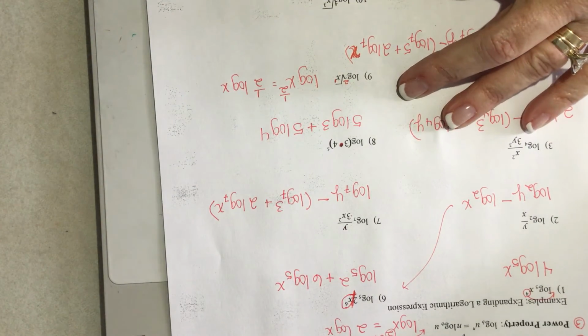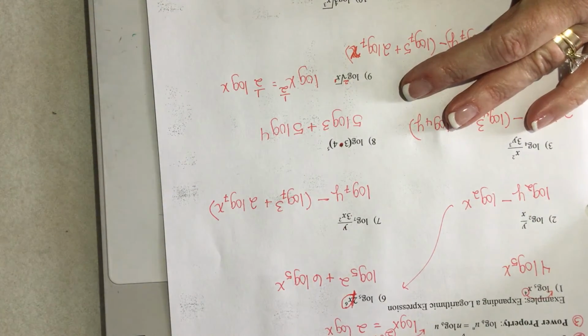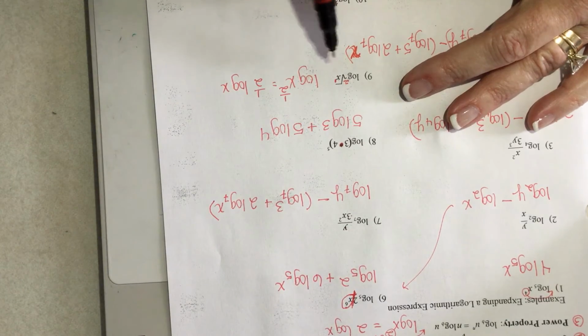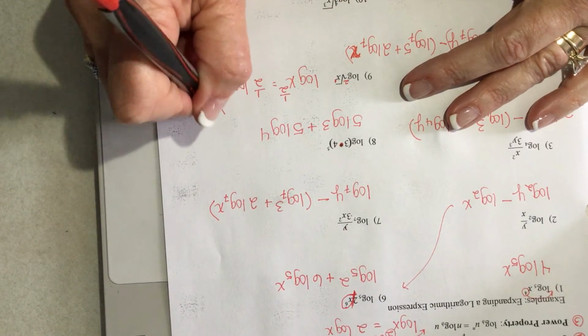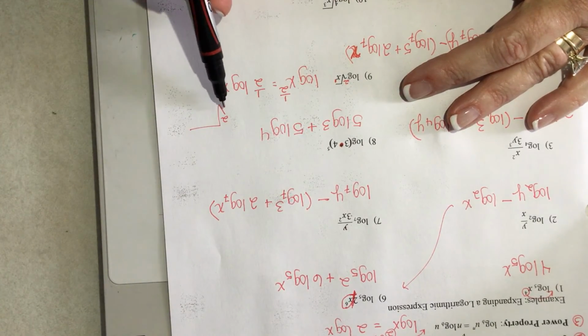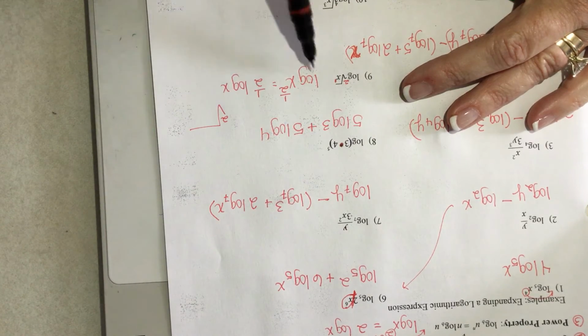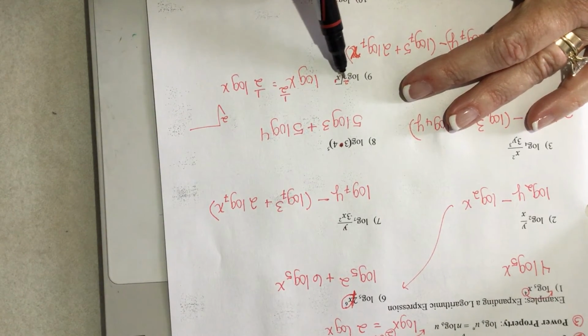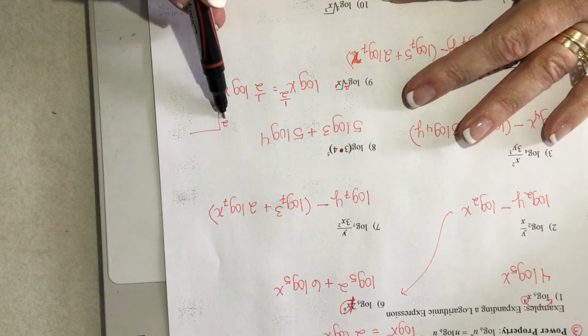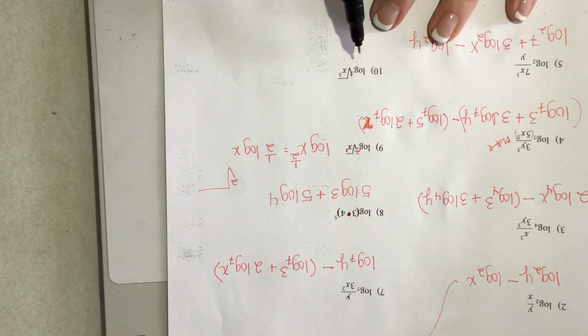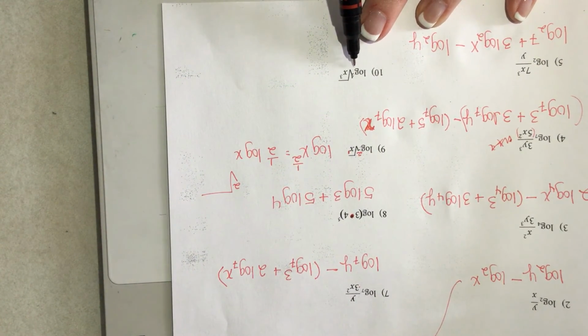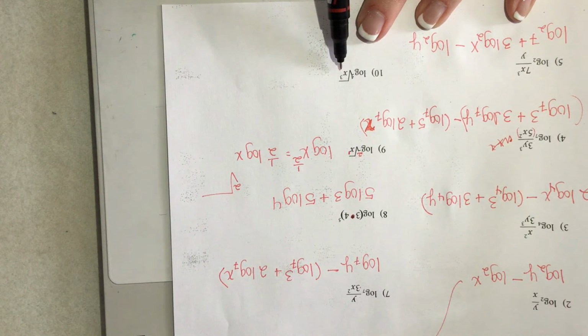And then on number 10, how did you get the 2 above the log? That's in the root. That's the assumed 2. So it's really not above the log. I just don't have it written really nicely, but it's from that root. So if you look here at number 10, this will explain it. This is the 4th root. The exponent is 3.